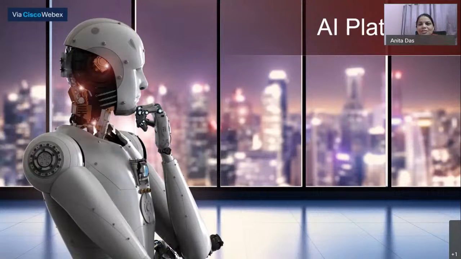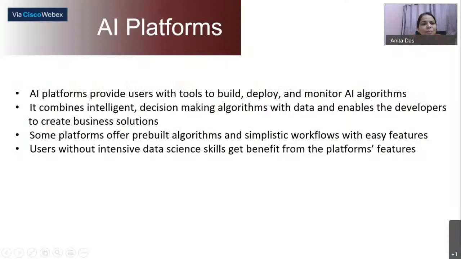So this is very important, AI platforms, because we need to have all the tools and techniques in one place to carry out the implementation, the development, right? So what is an AI platform, by the way? AI platforms provide users with tools to build, deploy, and monitor AI algorithms.